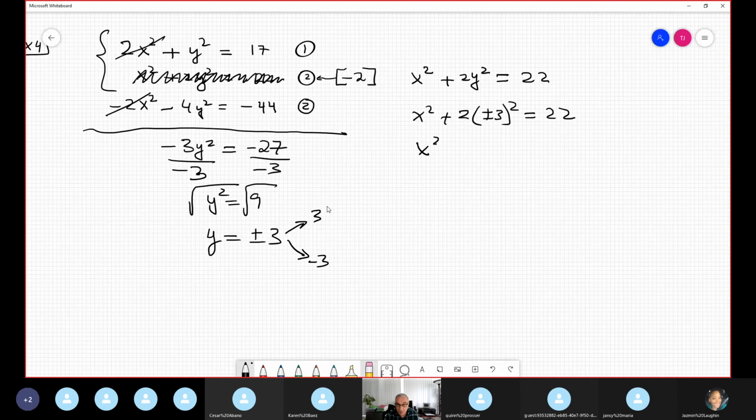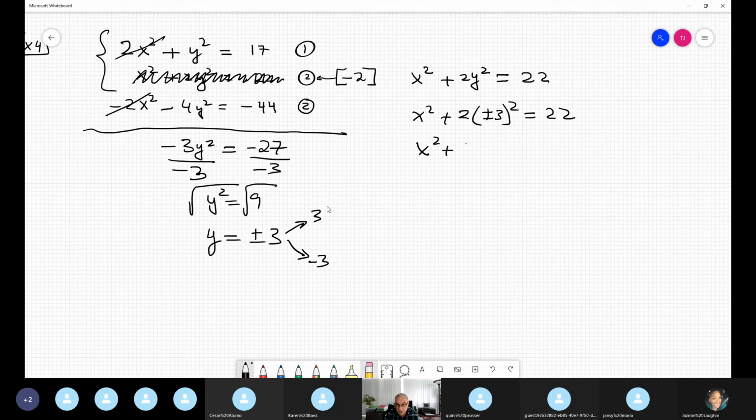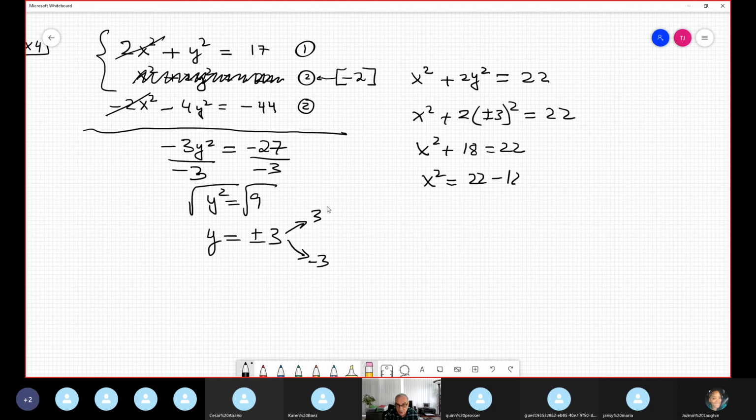So, x squared plus 3 squared is 9. If it is negative 3, it's always 9. Times 2 is 18. Okay, therefore, x squared is 22 minus 18, which is 4. Okay, again, one quadratic equation similar to this, apply square root, so we have plus and minus 2. So, 2 positive and 2 negative. So, how many points in total? Well, I suppose that we have 4, which is their combination.